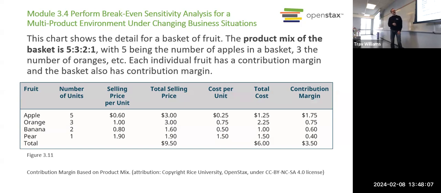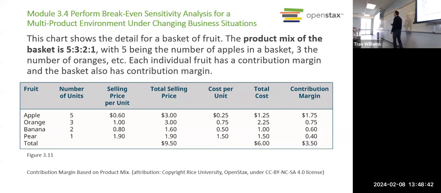And they can do the same thing with the variable cost per unit, multiply it by the number of units to get a total variable cost for apples, or variable cost for oranges, etc. And we get a total variable cost for the whole basket. And then we can take the selling price minus the variable cost, and we get the contribution margin per basket.